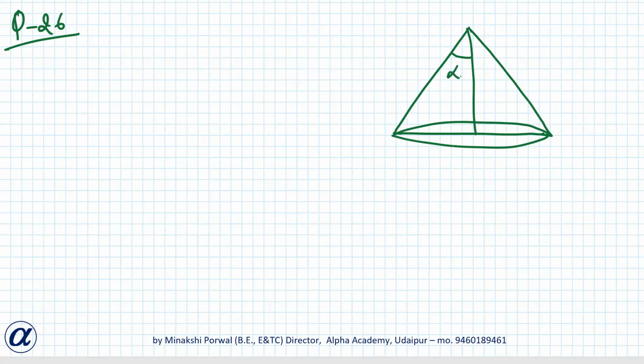Now the surface area is given, so the surface area is constant. Surface area of cone, do you know what is the total surface area of a cone? Yes, total surface area of cone, anybody?